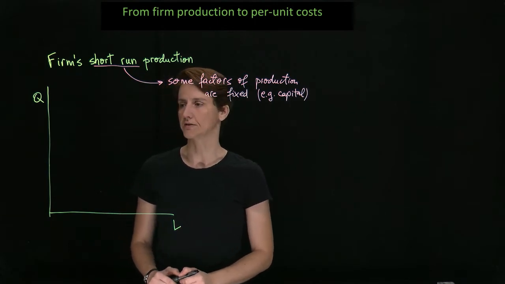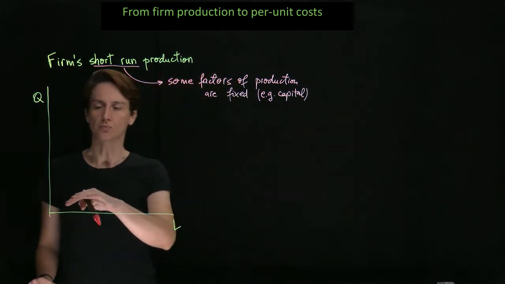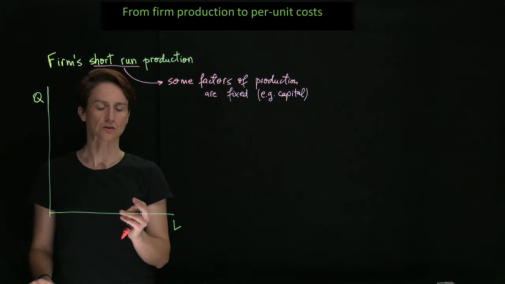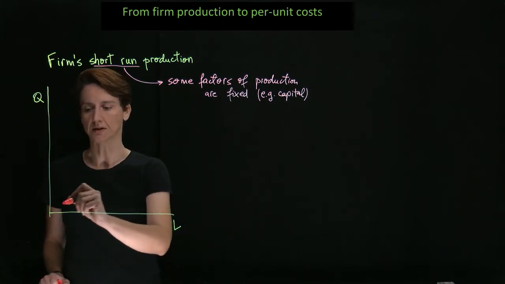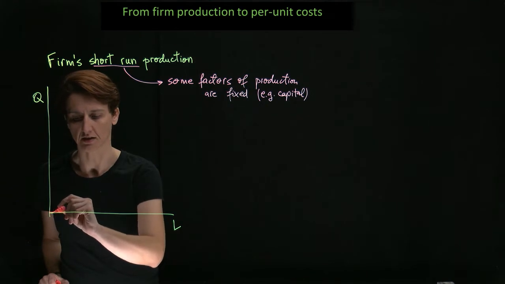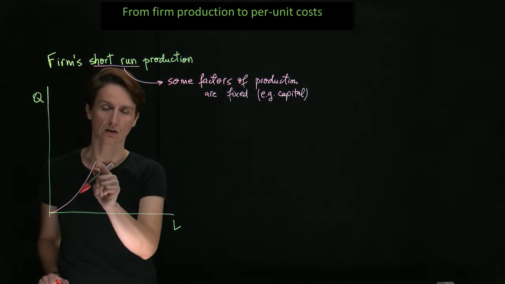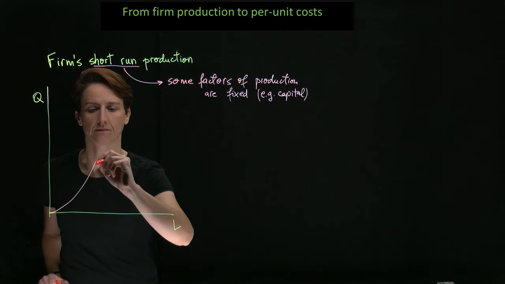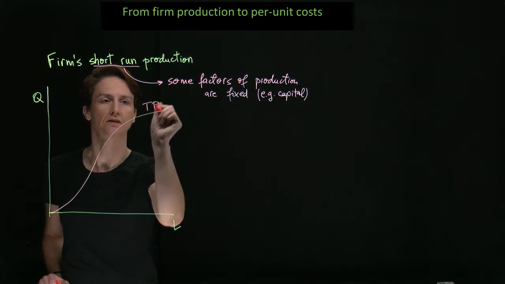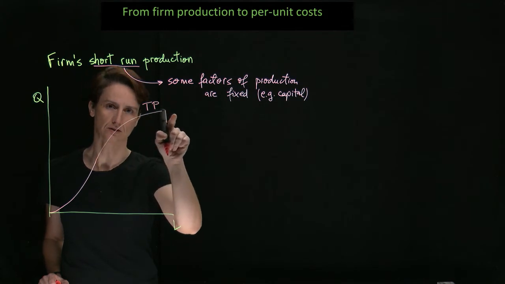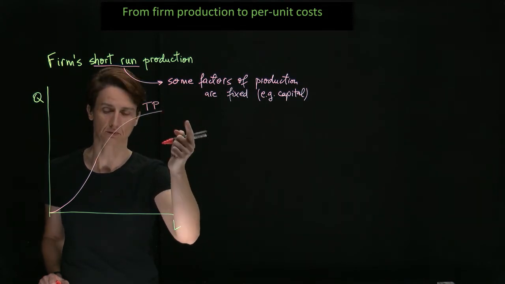We said that we can often expect the total product function, so the function that tells us how output varies with the number of workers, to display initially an increasing rate, and then after that we can expect it to eventually start to increase at a slower and slower rate. What does this mean?